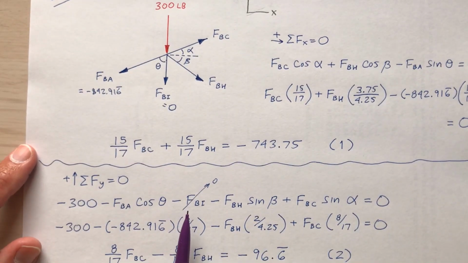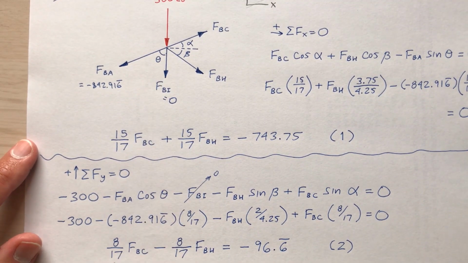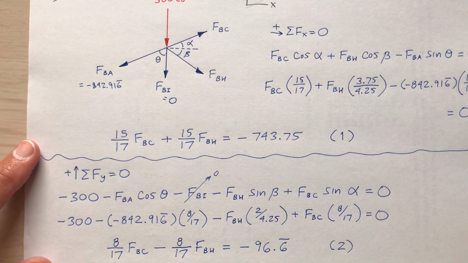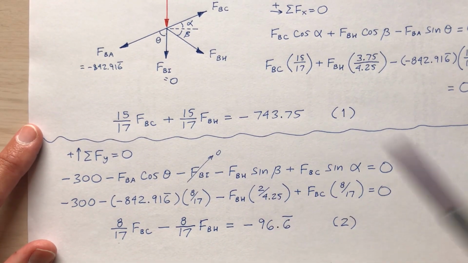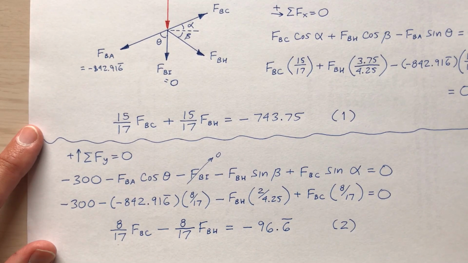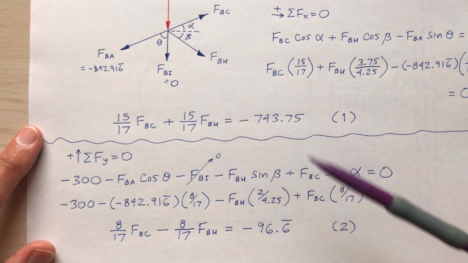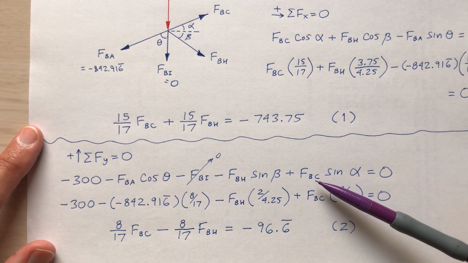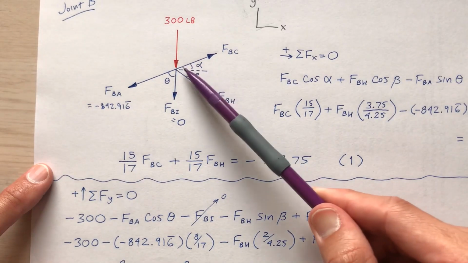Minus F sub BI. Okay, well, I crossed it off and I put a 0 there. I determined that was a 0 member previously. Minus F sub BH sine beta. So that looks like it is the vertical component of this vector. Plus F sub BC sine alpha. So that's the vertical component of this vector.